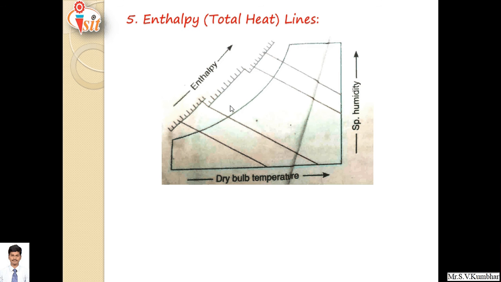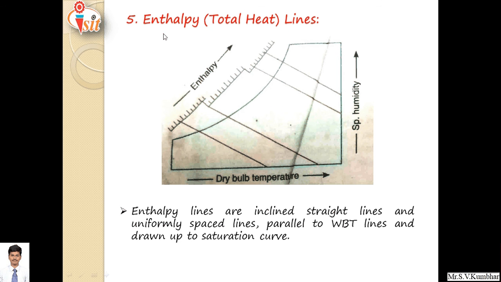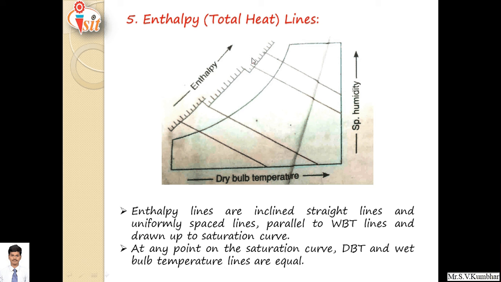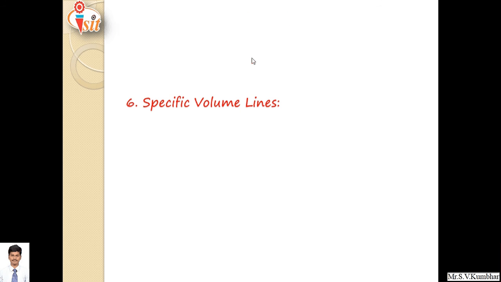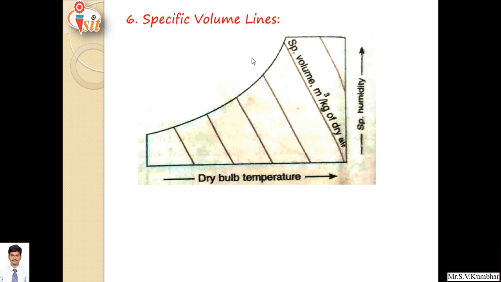Fifth, enthalpy or total heat lines. Enthalpy lines are inclined straight lines, uniformly spaced, parallel to the wet bulb temperature lines, and drawn up to the saturation curve. These are the enthalpy or total heat content lines. Next, specific volume lines.